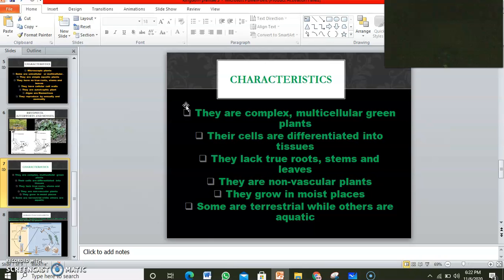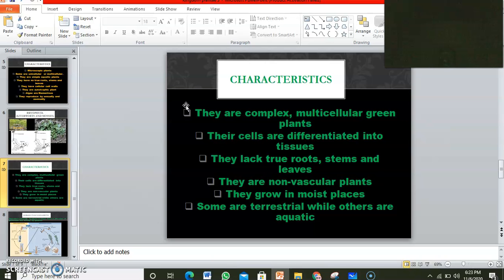They are non-vascular plants, which means that in higher plants there are vessels in which materials such as water and food are conducted from where they are produced to the various parts of the plant, to the stem, to the roots, and also to the fruit.